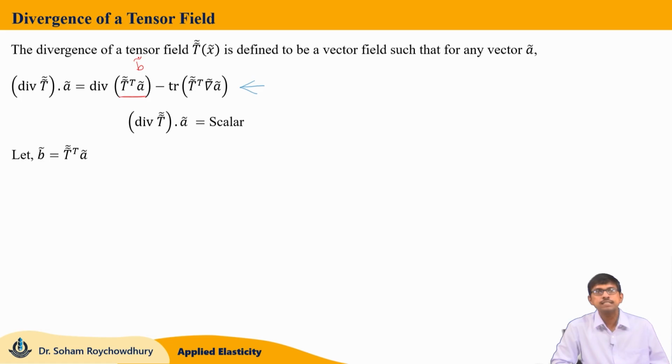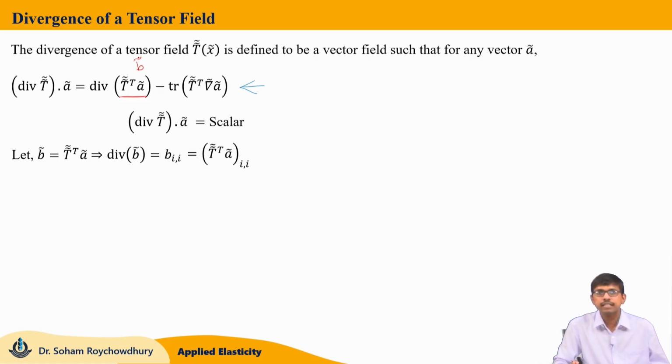So, the first term is basically becoming divergence of this vector B. Divergence of any vector B is defined to be B_i,i as discussed in the previous slide. So, divergence of B is B_i,i, where B is T transpose A. So, replacing that, (T transpose A)_i,i.